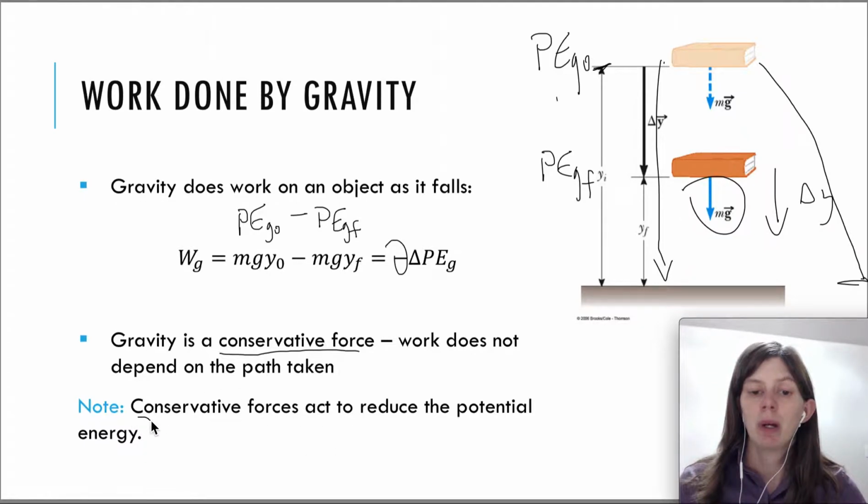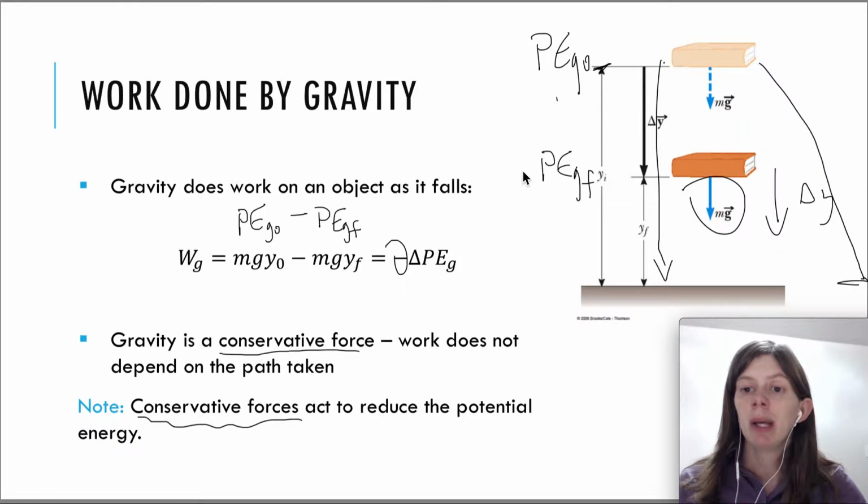So if you make a note of this, that conservative forces act to reduce the potential energy, if we accept that gravity is a conservative force, well, we know that gravity wants to make this book fall down. As the book falls down, its energy decreases. That's all that this is saying, that gravity is trying to reduce the gravitational potential energy of the book because it's a conservative force. We'll table this for now, we'll come back to it later.